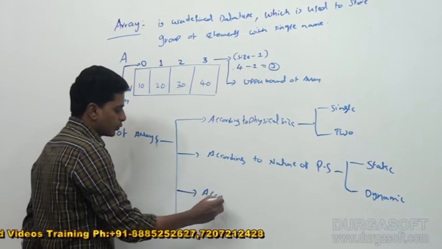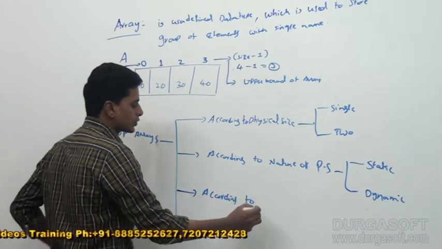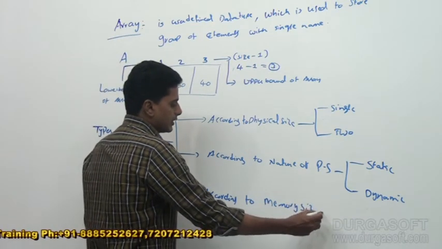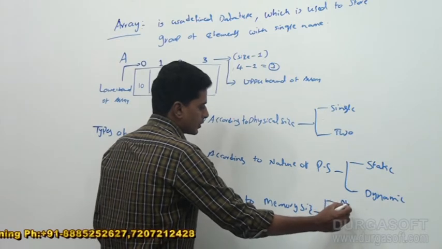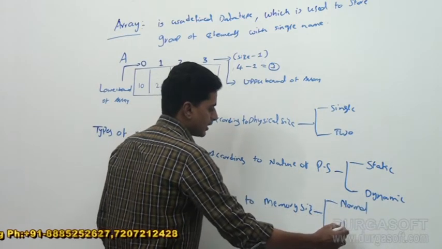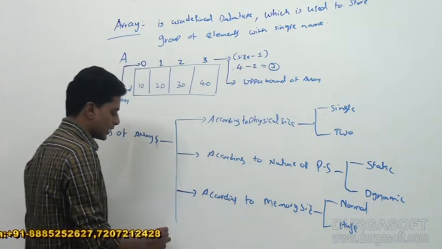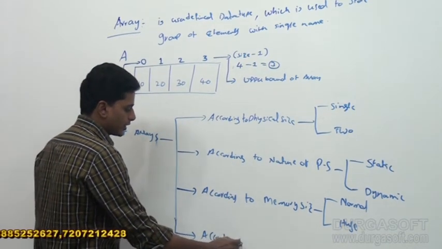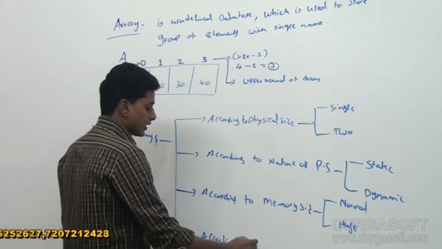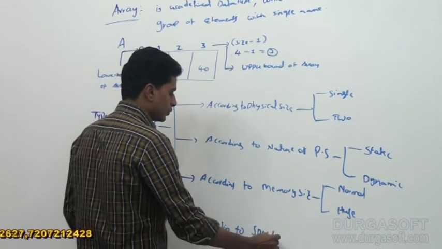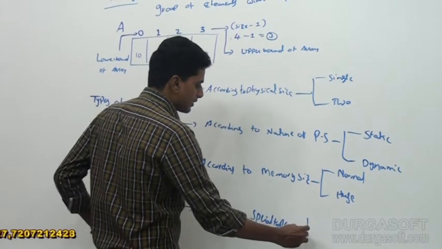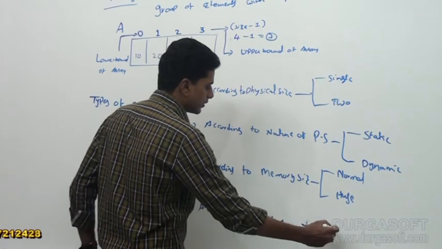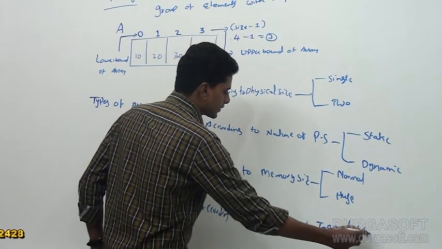Then according to memory size, that means in terms of memory, arrays can be of two types: one is normal array and the next one is huge array. Then according to special type, arrays can be of only one type, that is the jagged array.